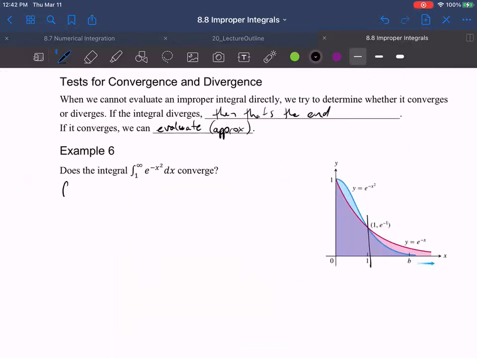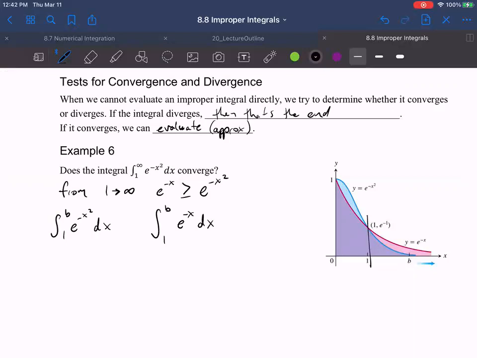So from 1 to infinity, e to the negative x is greater than or equal to e to the negative x squared. Okay, that means our integral from 1 to b of e to the negative x squared dx, how is that one going to compare to an integral from 1 to b of e to the negative x dx?